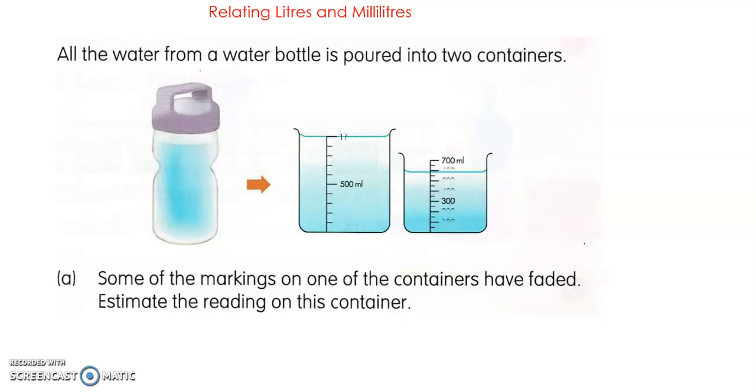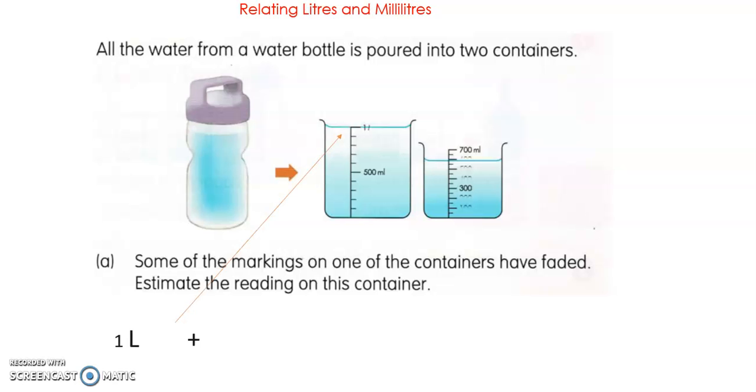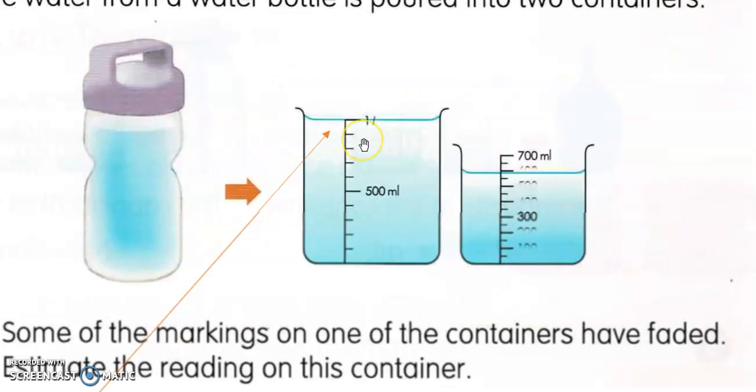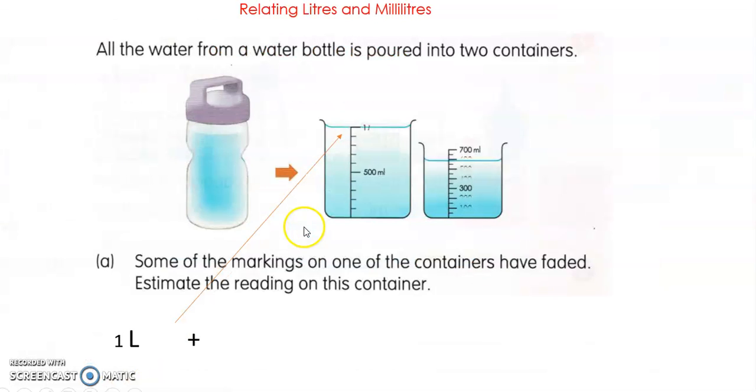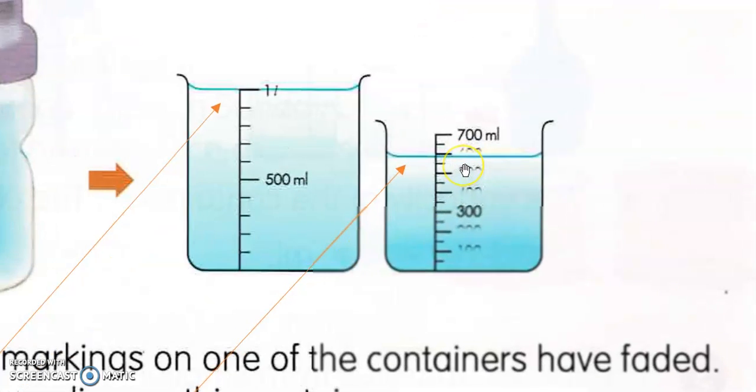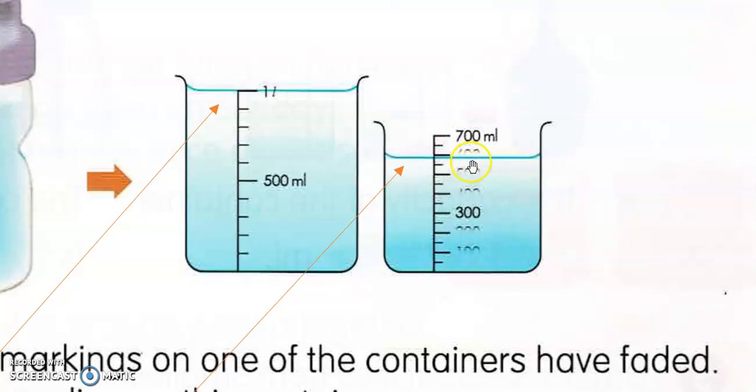First, we have here 1 liter. As you see here, this container is full and the scale shows that it is 1 liter. Okay, so 1 liter plus the water inside this container, which indicates to this level.